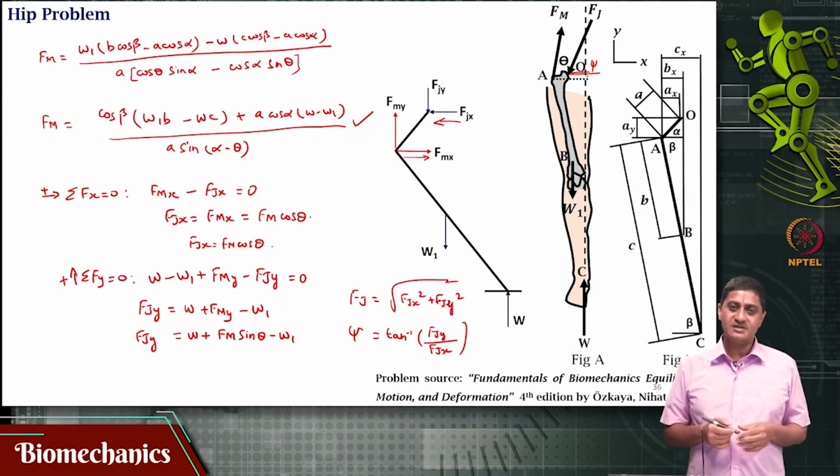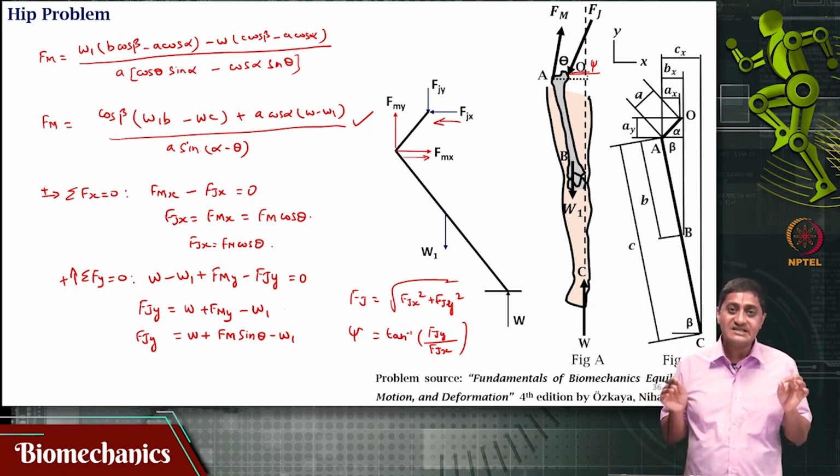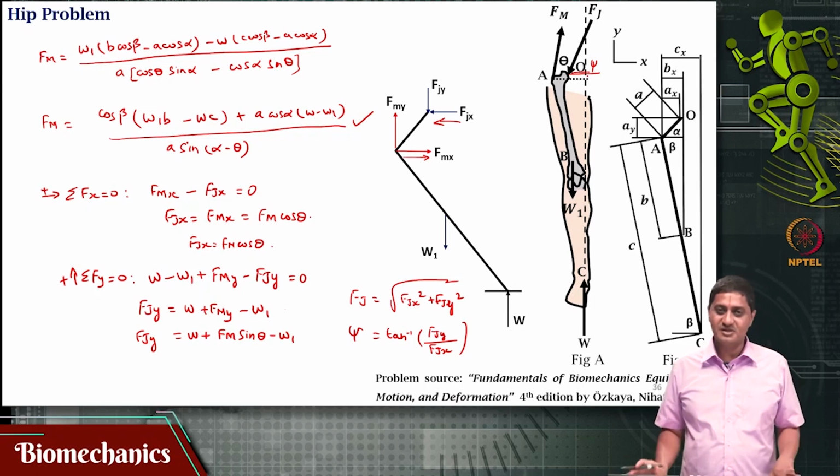So, my request is take some time out and practice this problem and these types of problem from the same book or other books and get ready for the exam. Preparing for the exam is a semester long process. Remember this, it is not something that you do the day before the exam.